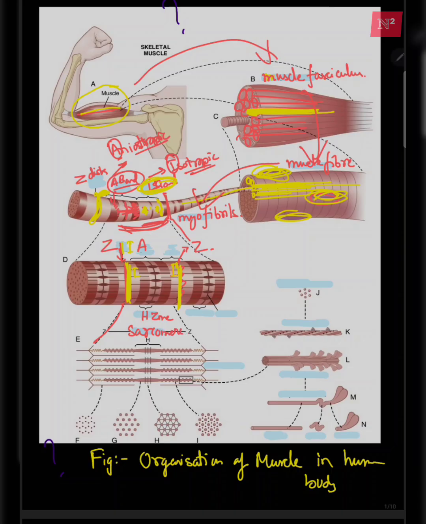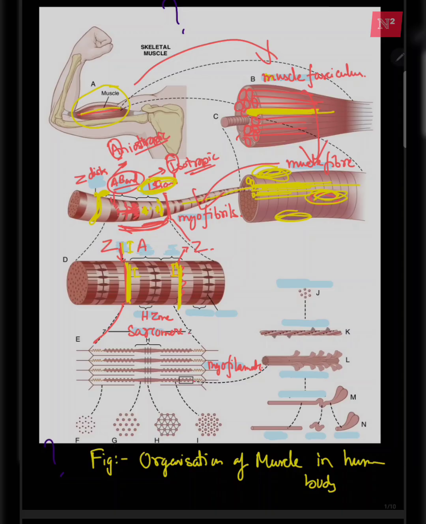So if we go much deeper in the visualization of the sarcomere, you will see the A band looks like a combination of some thick strands and some thin strands. Now the thick strands and thin strands, these all together are called myofilaments.